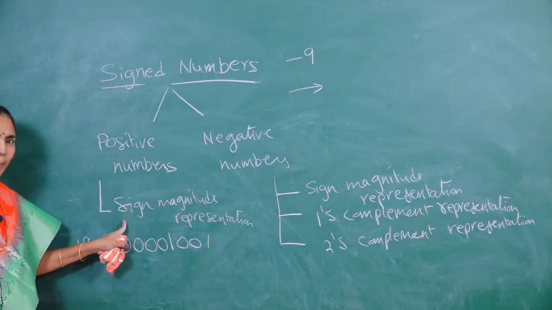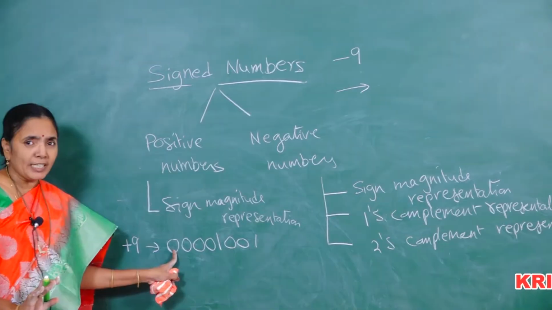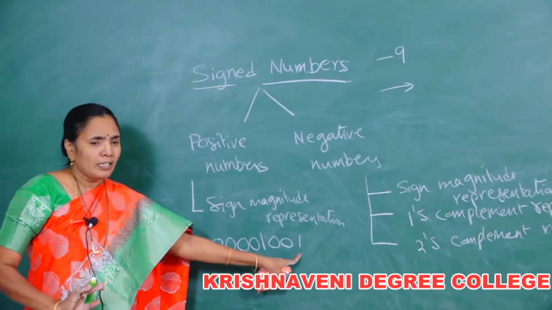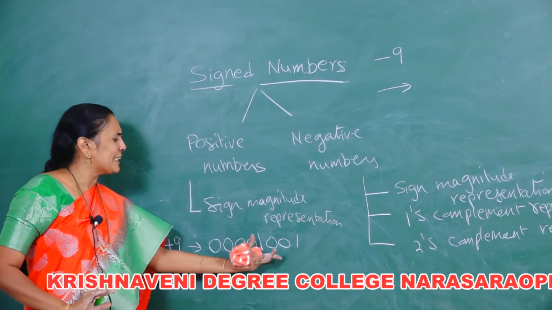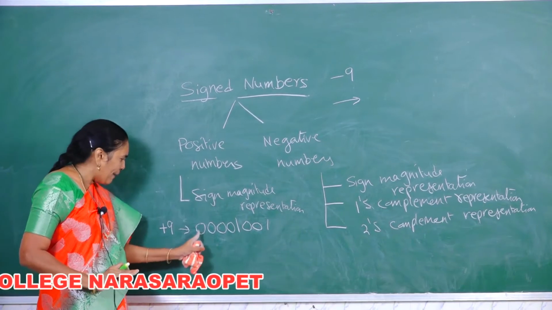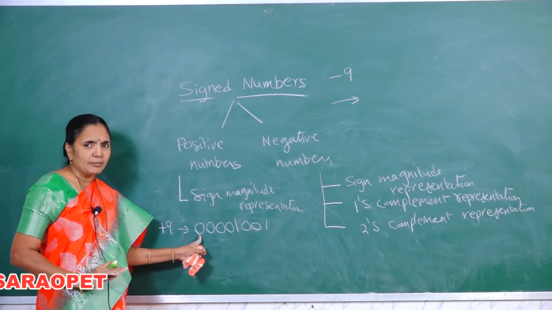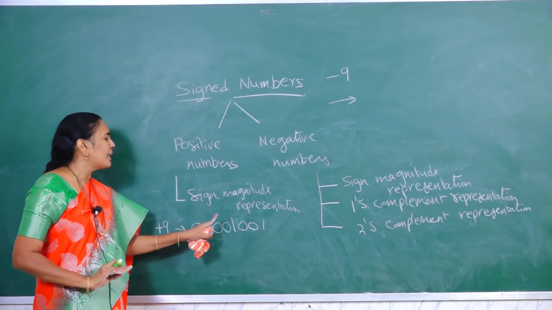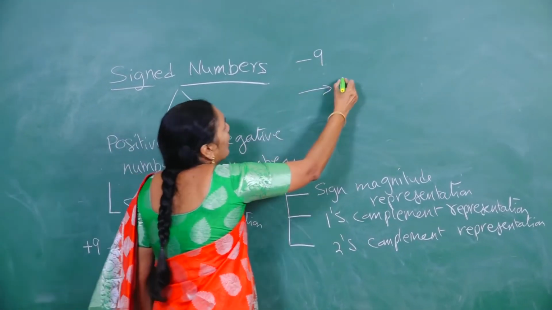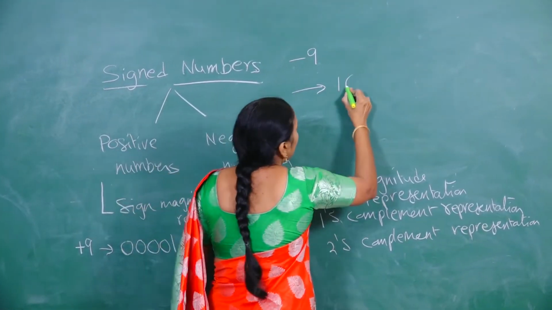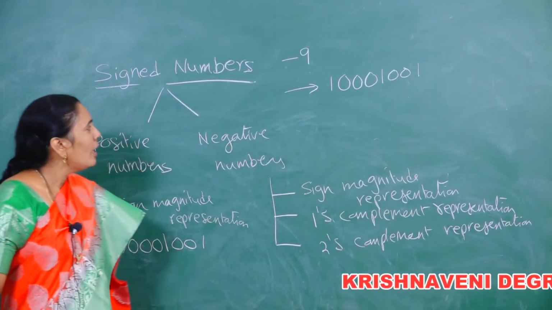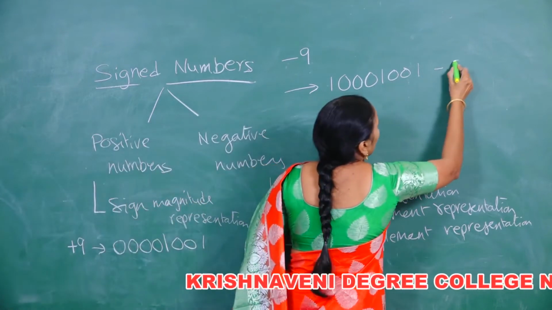In the sign magnitude representation, the leftmost bit indicates the sign of that number and the remaining bits indicate the magnitude of the number. For simplicity, I am taking an 8-bit number. So, the 8th bit, that is the MSB, will represent the sign and the remaining bits represent the magnitude. So, as the number is a negative number, the sign bit will be 1, and the remaining 7 bits will be this value. This is the sign magnitude representation.